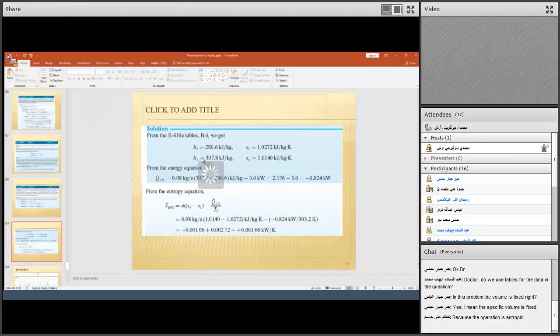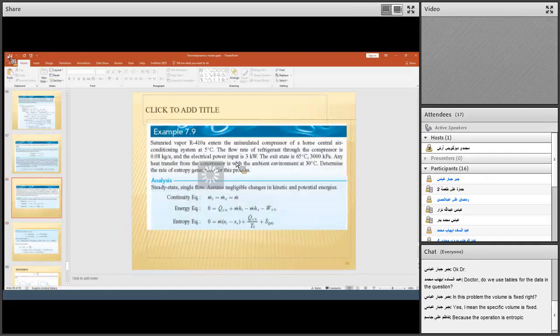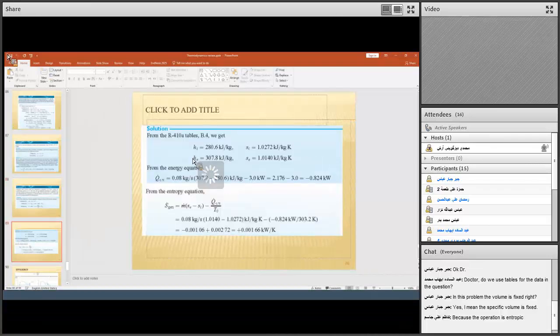Enthalpy at inlet and entropy at inlet can be read from the table. At the final state, that means 65 centigrade and 3000 kilopascal, enthalpy at exit and entropy at exit can be read from this table.